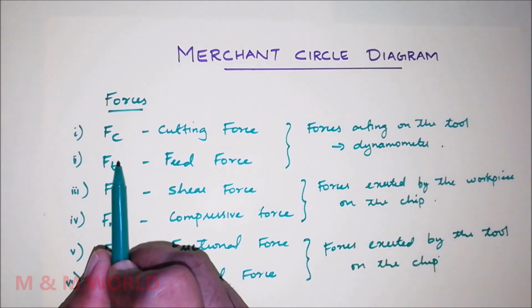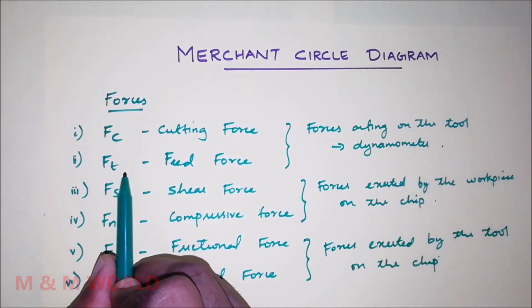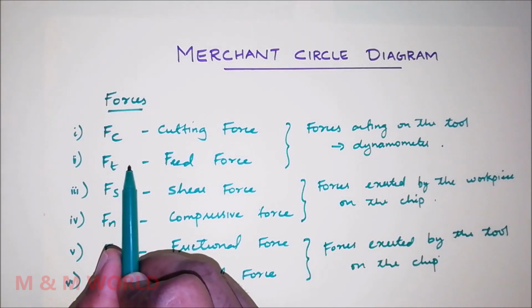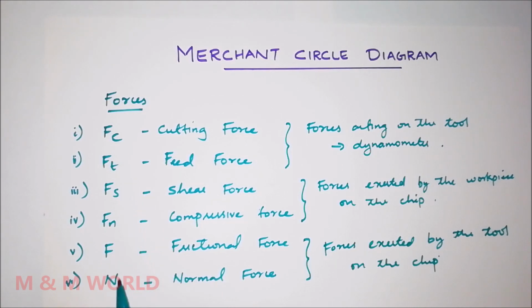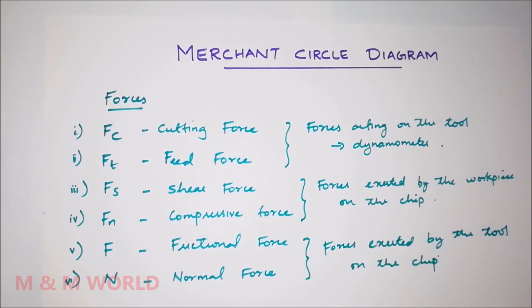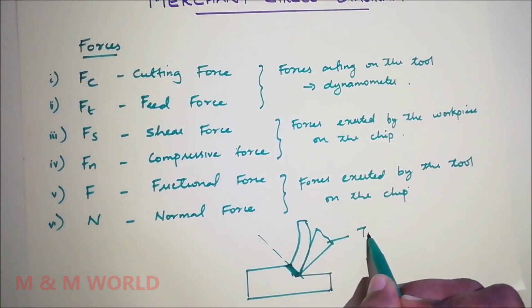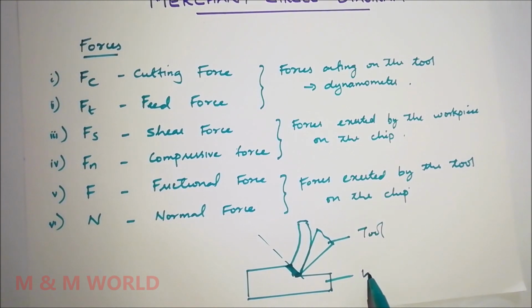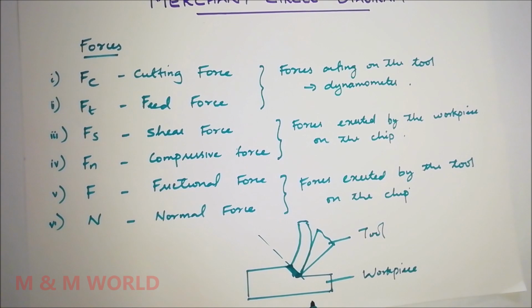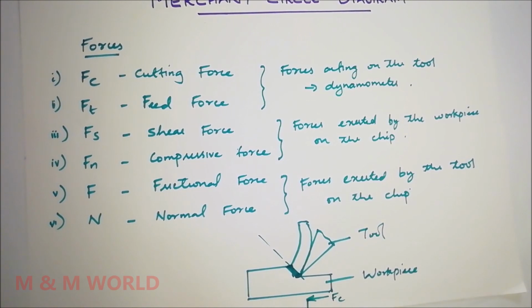So these two are the forces acting on the tool, and these four are the forces acting on the chip. This is the workpiece, this is the tool. This will be FC and this is FT.